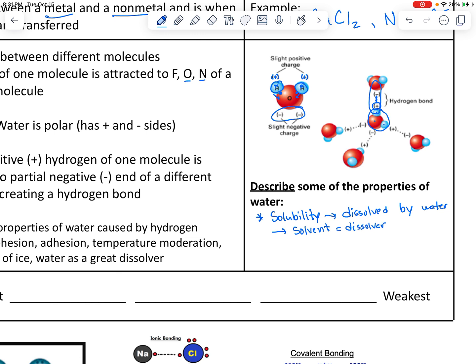So it's called the dissolver. The solute is what's being dissolved. And water, because of its polar nature, in biological systems is the dissolver in almost every biological system. Hence why it's called the universal solvent.